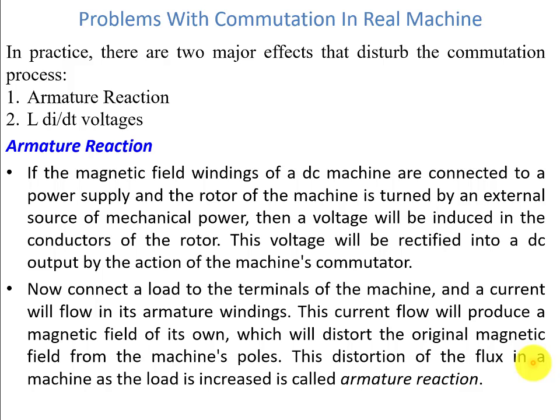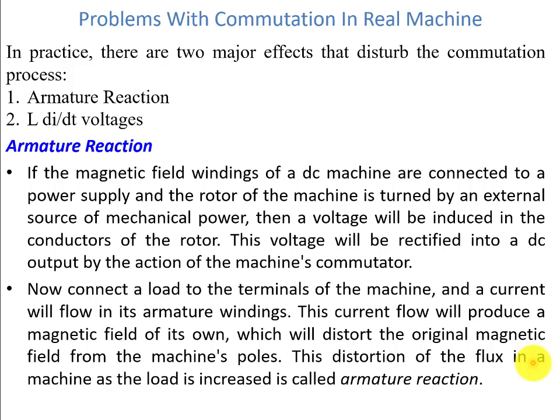We have already seen it in synchronous machines, where the main field induces the voltage into the armature, so the armature will have its own current, and that will also produce another magnetic field that will distort the original magnetic field of the field winding. The interaction of those two fields actually causes the problem. That's known as the armature reaction.